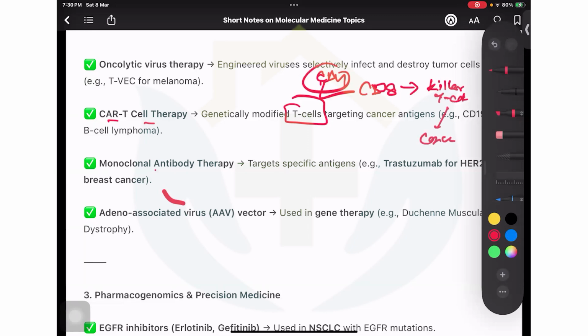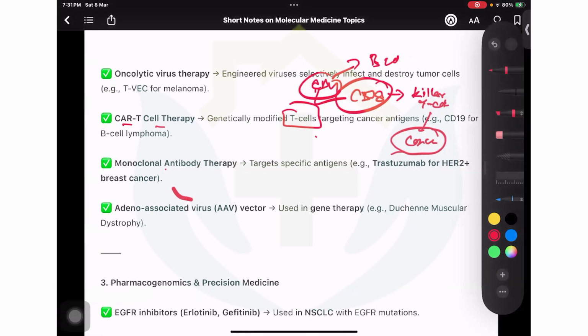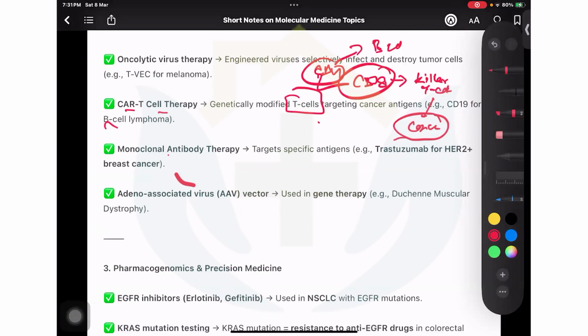And CD4 are basically for stimulating the B cells. They become memory cells and let the antibodies cascade. CD8 is the killer cell. It is helpful in managing cancers. So these T cells, if you can genetically modify them, then they can be used. For example, in B cell lymphoma, CD19 altered T cells can be used.